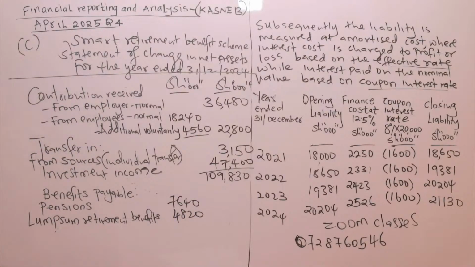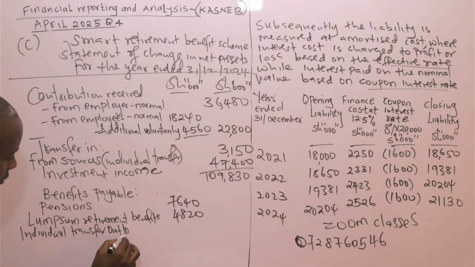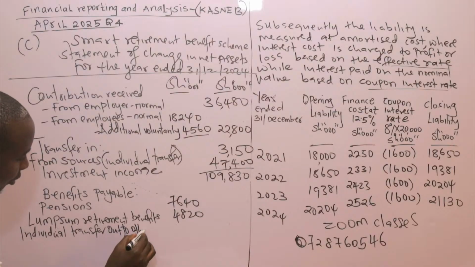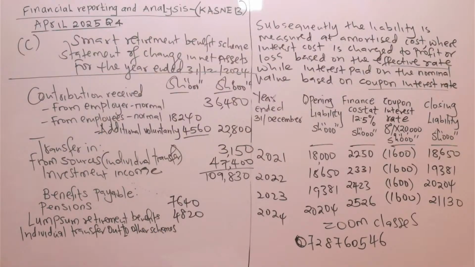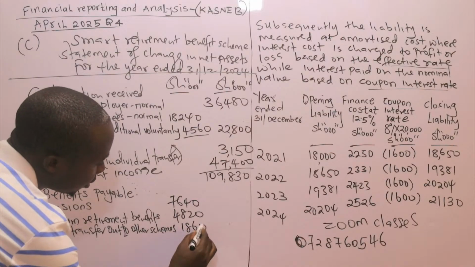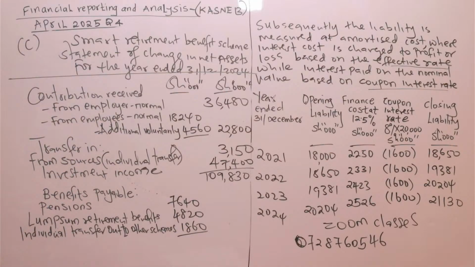Other than this, there's individual transfer out to other schemes, that is 1,860. So those are some of the benefits payable.